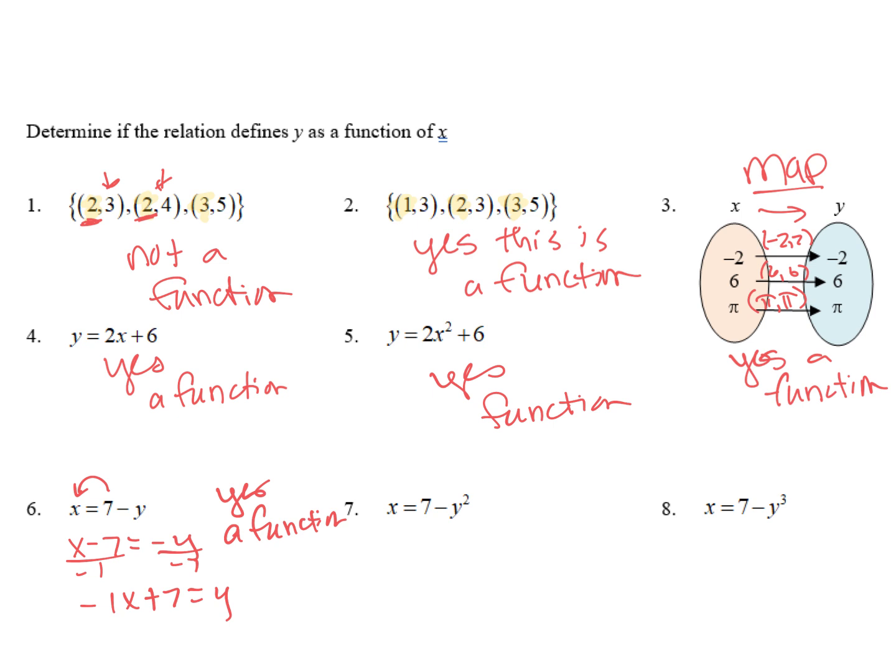Now, number 7 is a little trickier, and I will tell you up front, this one is not a function. And the reason it's not a function is because if I put in, let's say, 1 for x. When I solve, I'm going to subtract 7. That gives me negative 6.